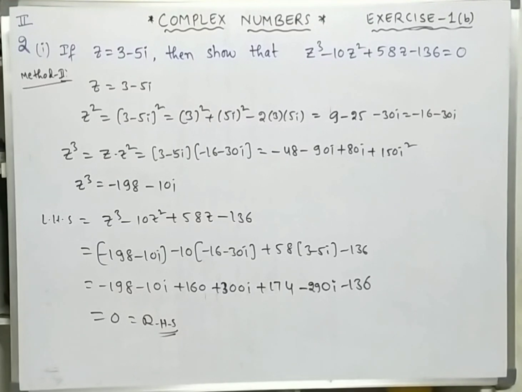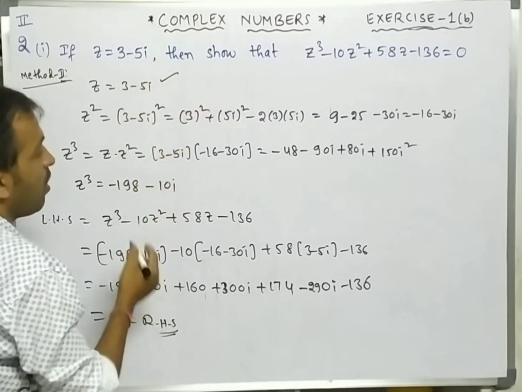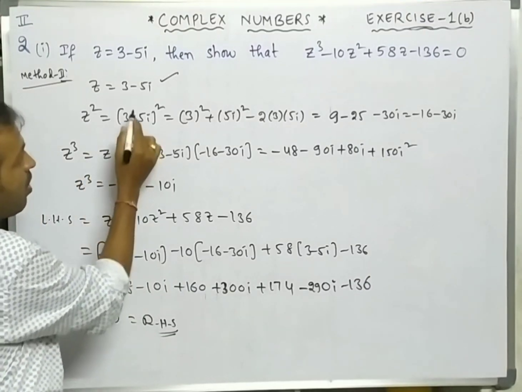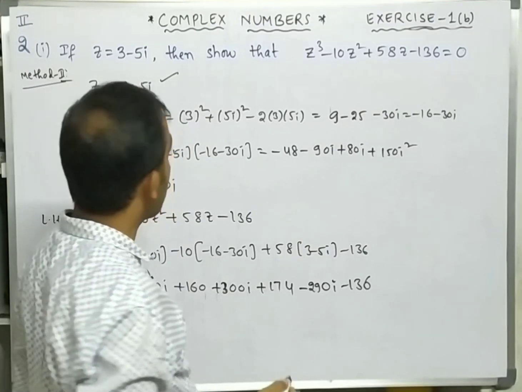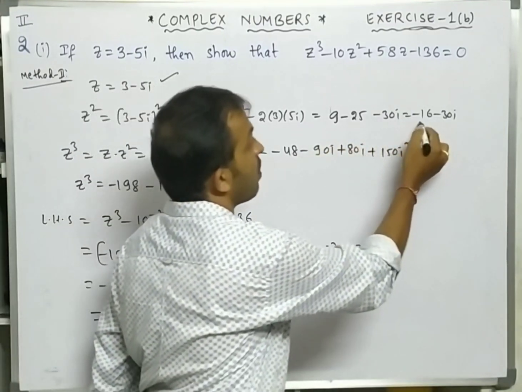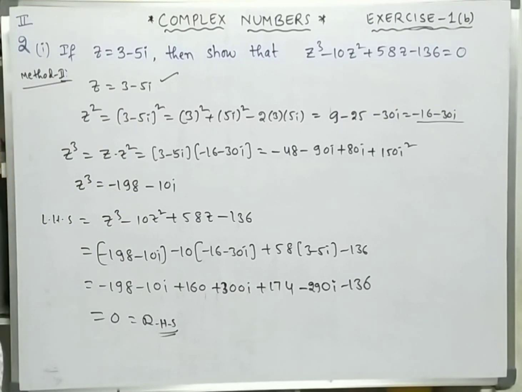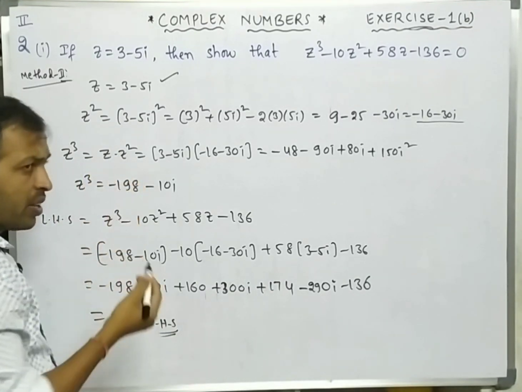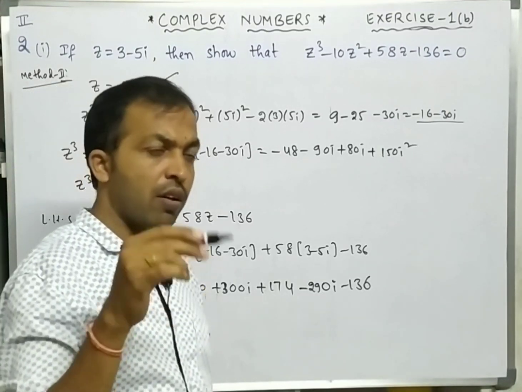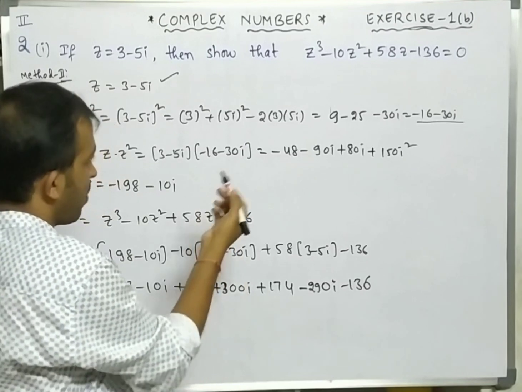The second method: here z is equal to 3 minus 5i. Find z square by squaring on both sides and simplify, expanding with the (a minus b) whole square formula. You will get z square is equal to minus 16 minus 30i. Next z cube can be written as z into z square, or cubing on both sides with the (a minus b) whole cube formula we can also simplify.